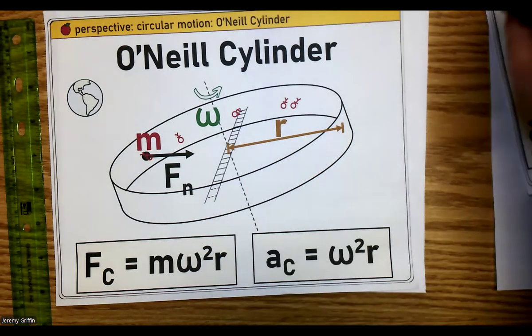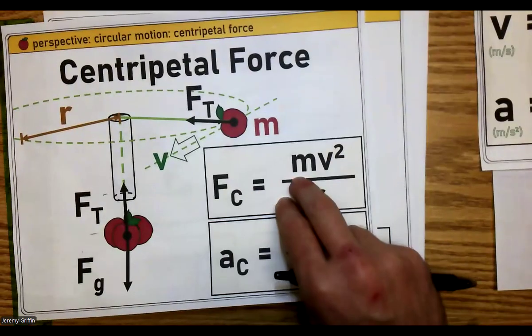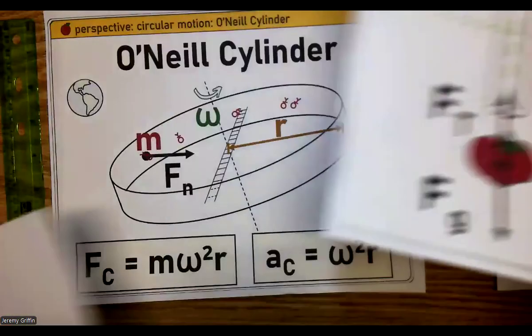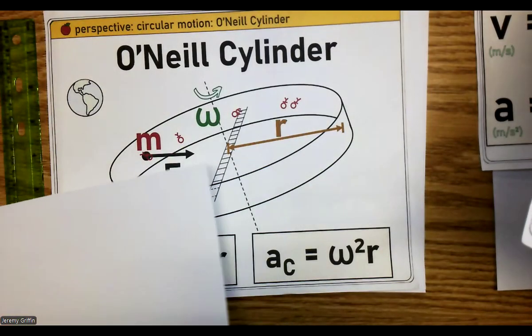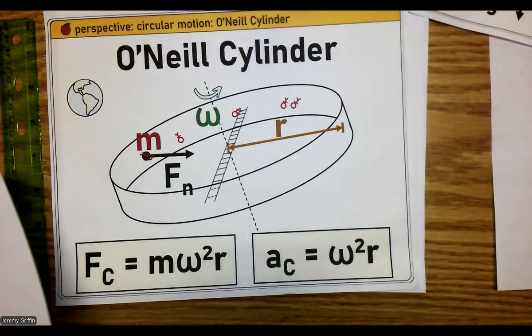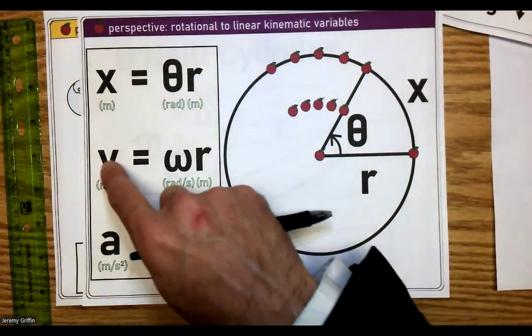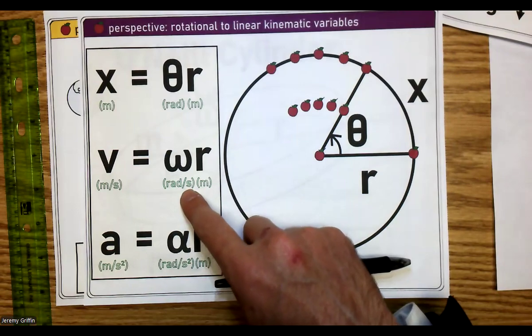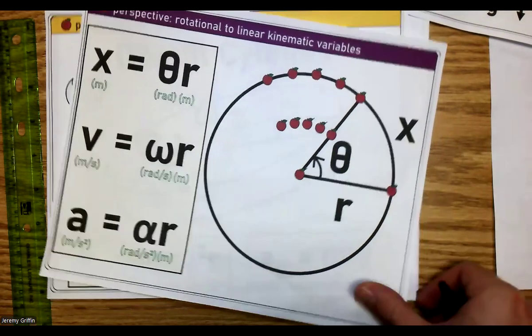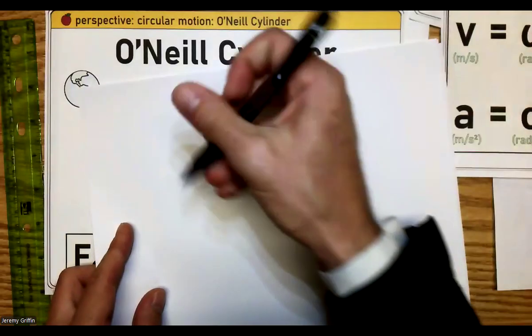So we need a way to connect this formula, mv squared over r, to this rotating O'Neill cylinder to solve for omega. And here's the connection right here. You guys remember this? All right, let's put it all together. You guys got your notes out?